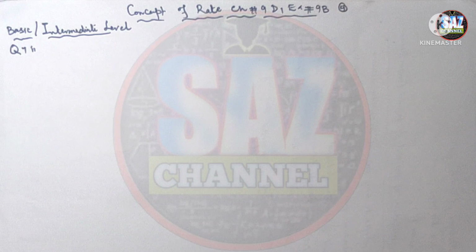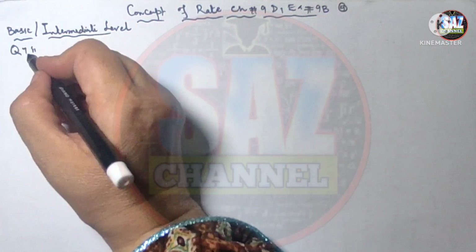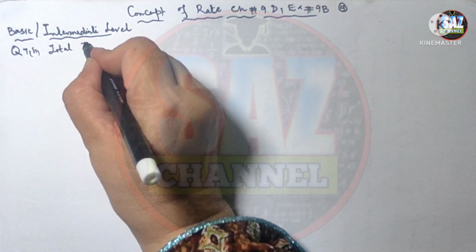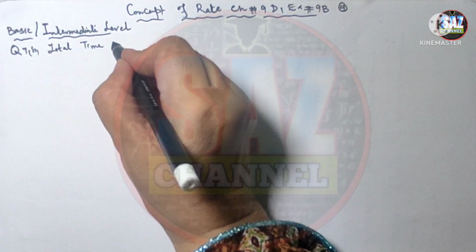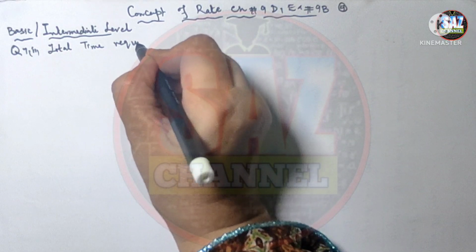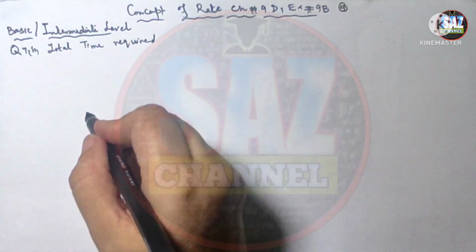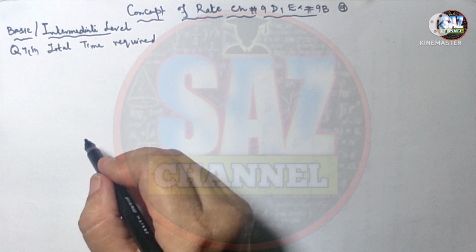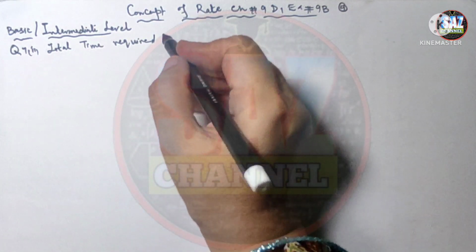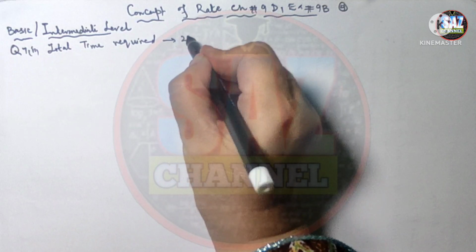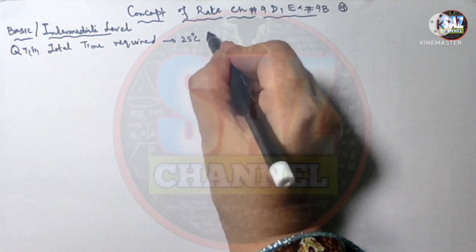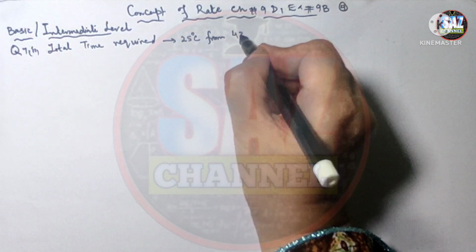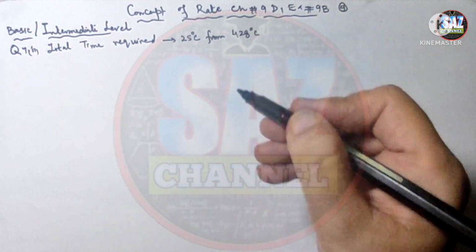That says the total time needed or required for the metal to reach the temperature of 25 degrees centigrade, from what temperature? 428 degree centigrade.